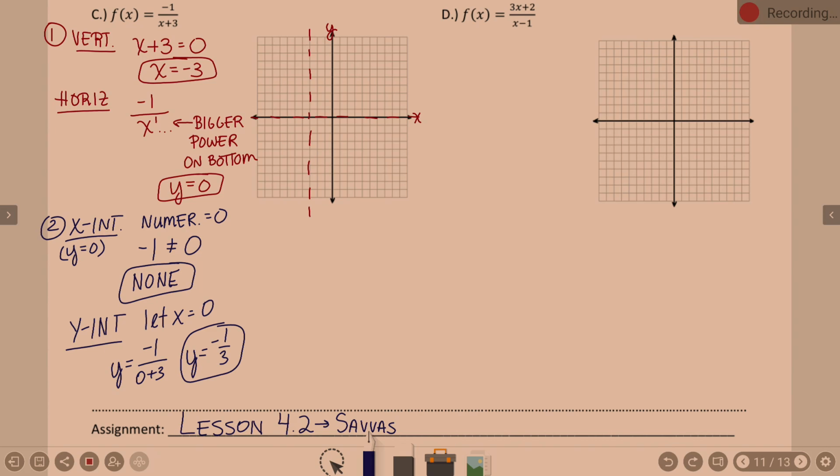Or if you prefer, it's the ordered pair, 0, comma, negative 1/3. So on the y-axis, we're going to cross the graph at negative 1/3. Very, very close to our asymptote.